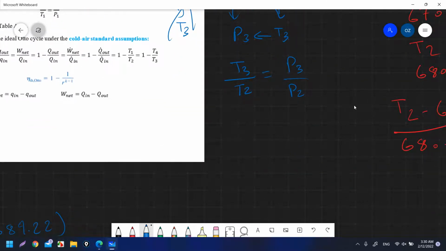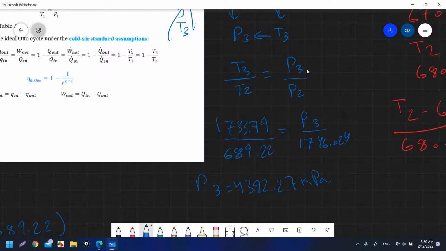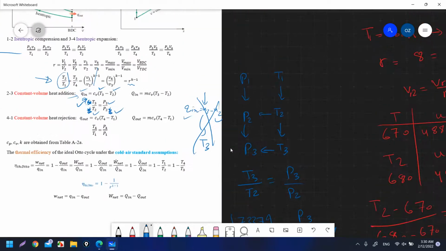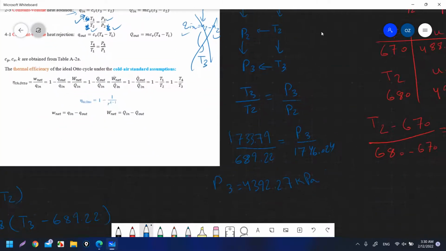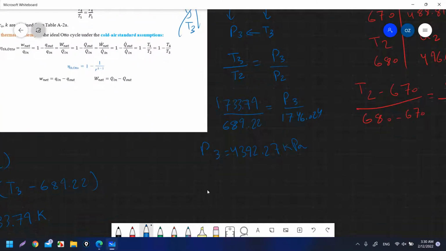Then T3 is 1733.79 over T2, 689.22, equal to P3 over 1746.024. So P3 will equal 4392.27 kilopascal. A big number because it is the highest pressure, the maximum pressure in the cycle. Okay, so I finished part A.